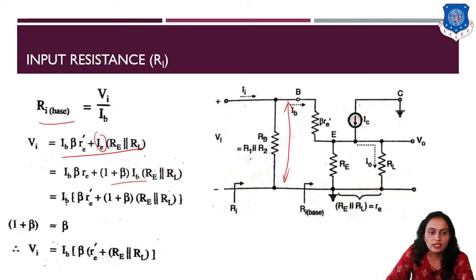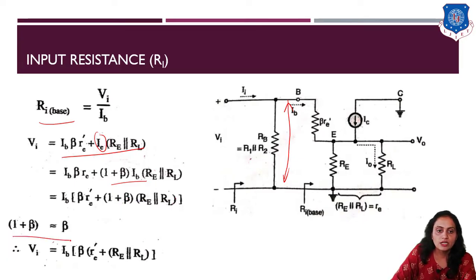Finally we have IB into beta RE dash plus 1 plus beta RE parallel RL, and 1 plus beta is almost equal to beta. That is why we write beta taken common, and we have the input voltage as this.